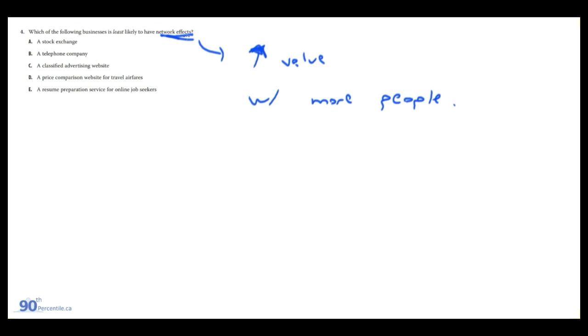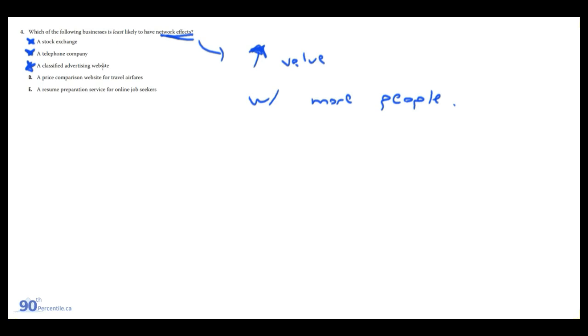So, which of the following is least likely to have network effects? A stock exchange? No, you need a bunch of buyers and sellers to make the exchange efficient and actually viable. Telephone company, that goes back to what I said about WhatsApp, so that's not the answer either. A classified advertising website? No, these are websites where people post ads to either buy or sell something.